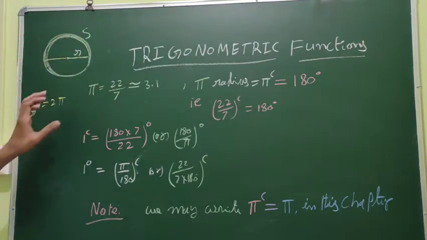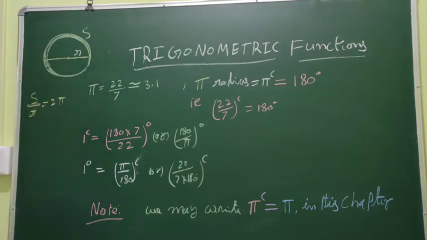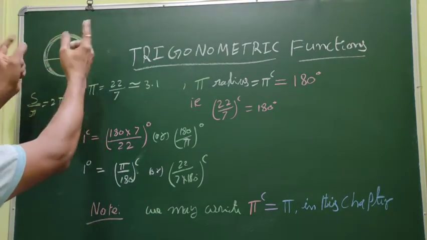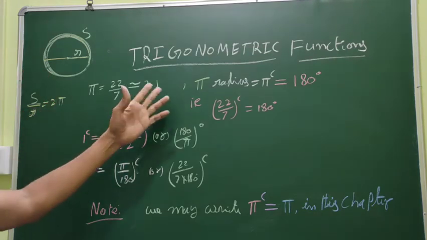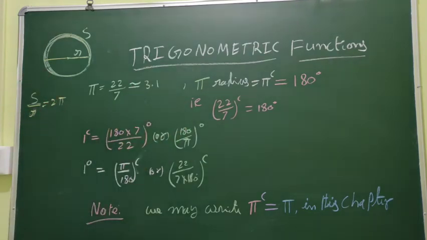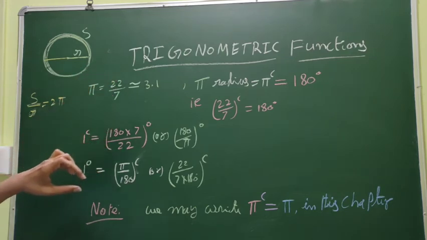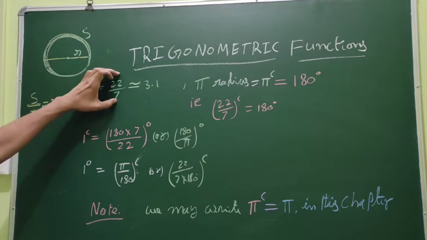Now, experimentally, by putting a thread and measuring, the ratio is approximately 3 point something. That is 22 by 7. Pi is 22 by 7, this number.